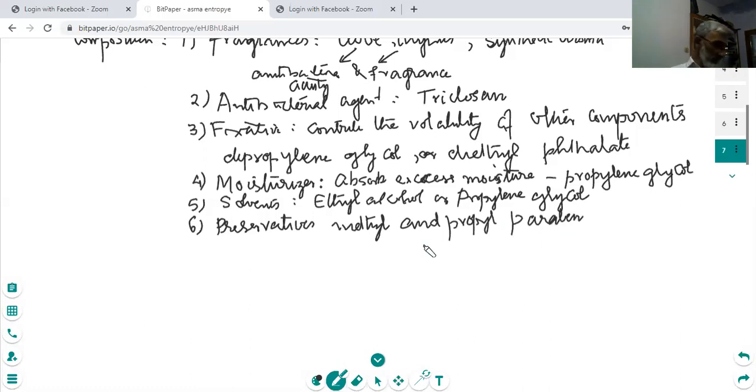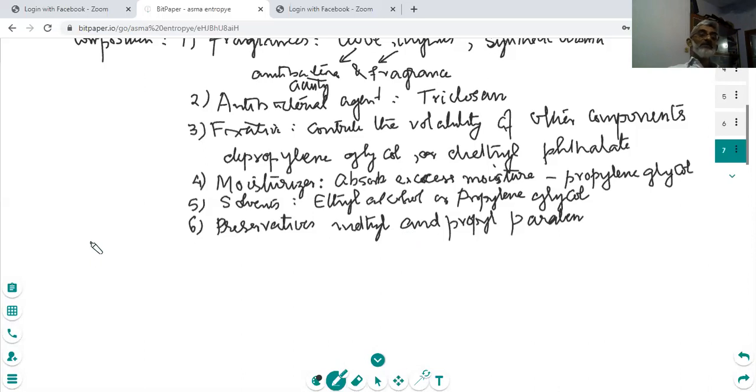And you know what the role of preservatives is? They prevent the formulations from being destroyed by atmospheric oxidation or by microbial attack.